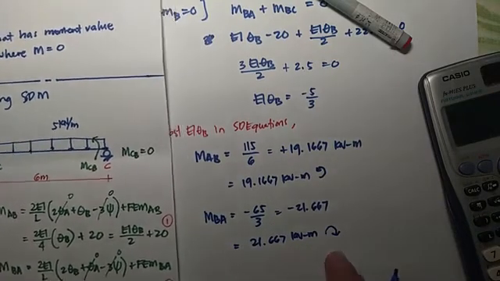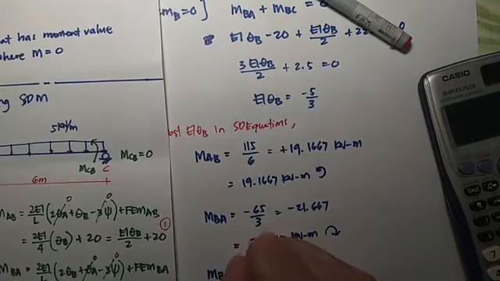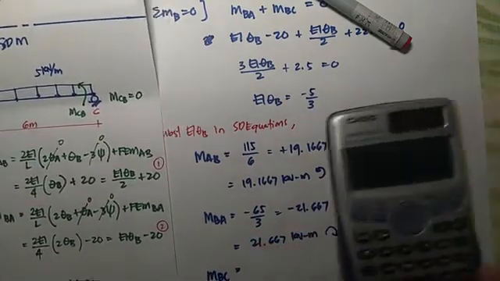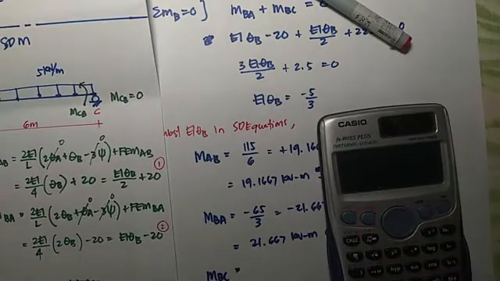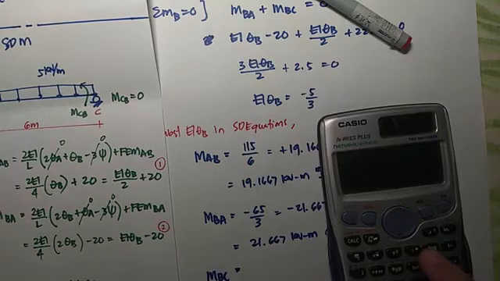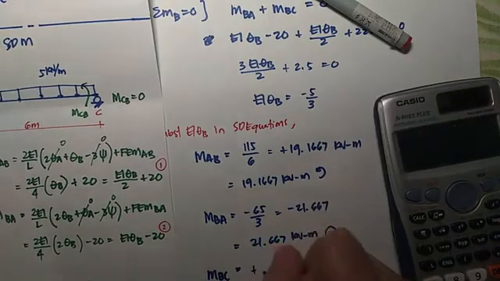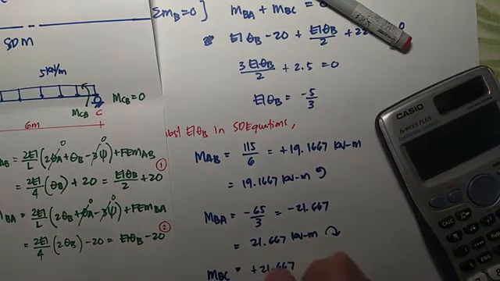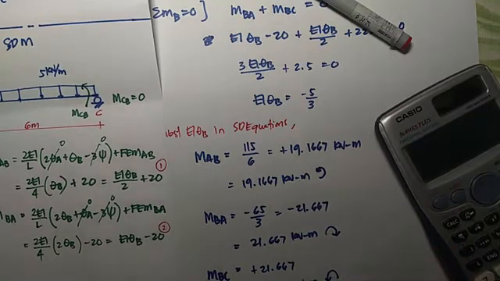So ito yung tamang moment sa BA. How about BC? Moment BC is equal to this. So EI theta B divided by 2 plus 22.5. So we got positive 21.667 kilonewton meter. Positive means that's correct, counterclockwise yung direction.